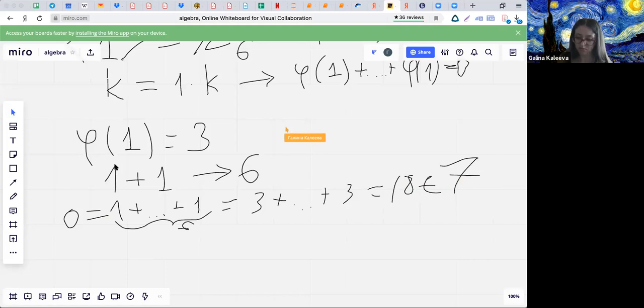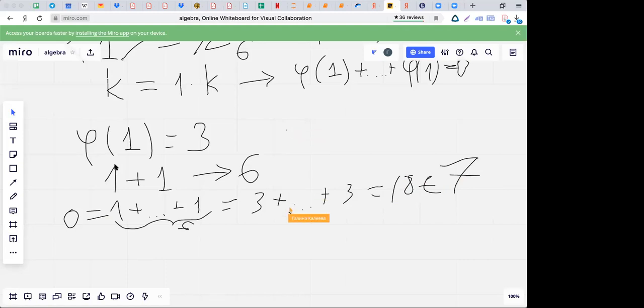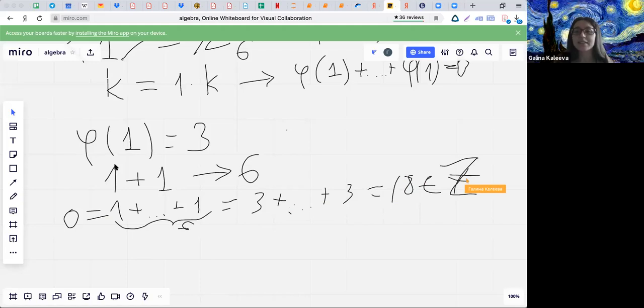Excuse me, I didn't get why. How did you construct the homomorphism from Z6 to Z? Actually, I didn't do it. I'm trying to find homomorphisms, and I'm trying to do it in the previous way, okay?